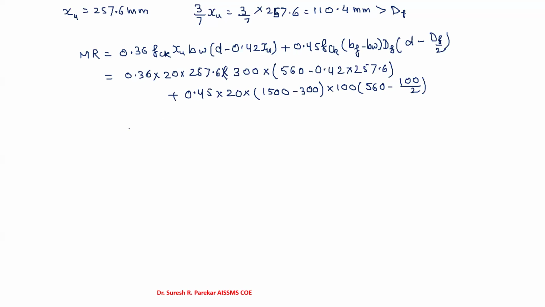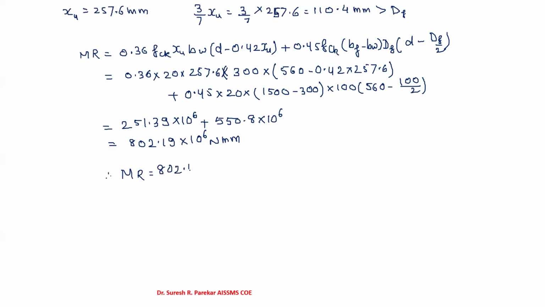And from this we will get value of MR, that is equal to 251.39 into 10 raised to 6 plus 550.8 into 10 raised to 6. And from this we will get 802.19 into 10 raised to 6 Newton millimeter, and therefore MR equal to 802.19 kilonewton meter.